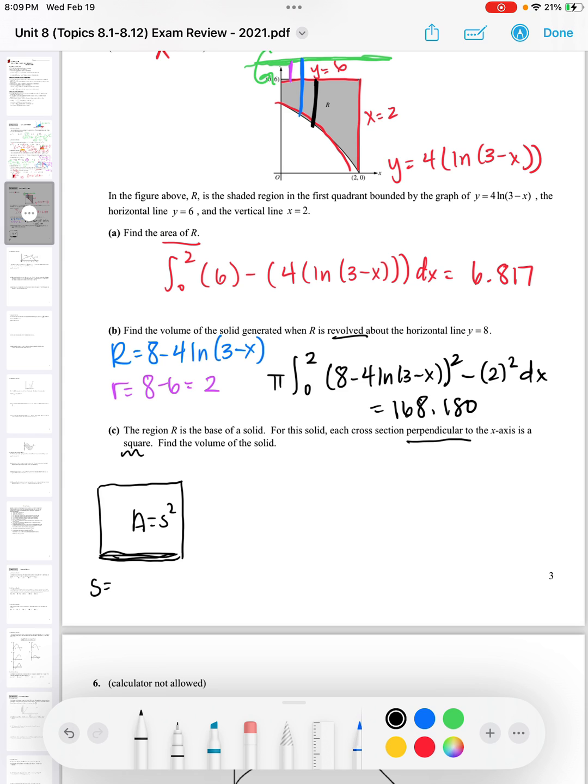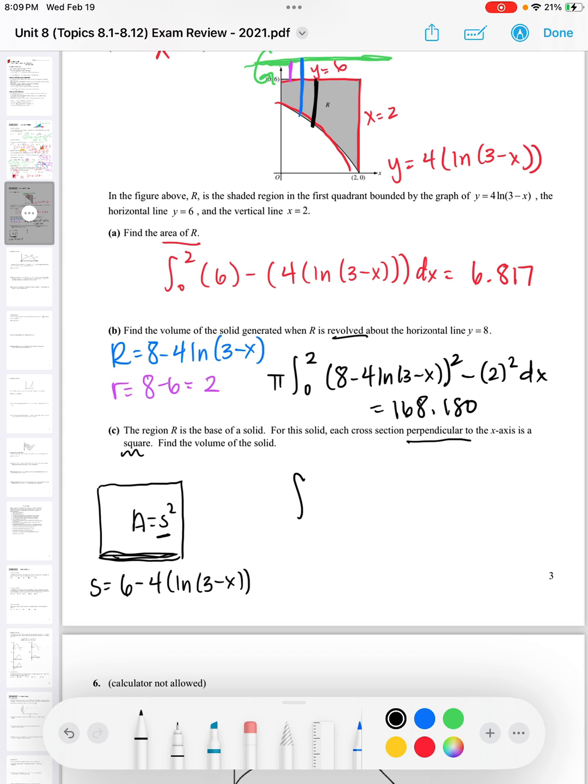So the side is going to be 6 minus 4 natural log of 3 minus x, and that's my side length. So we know it's going to be the side squared, and that's what I need to integrate.